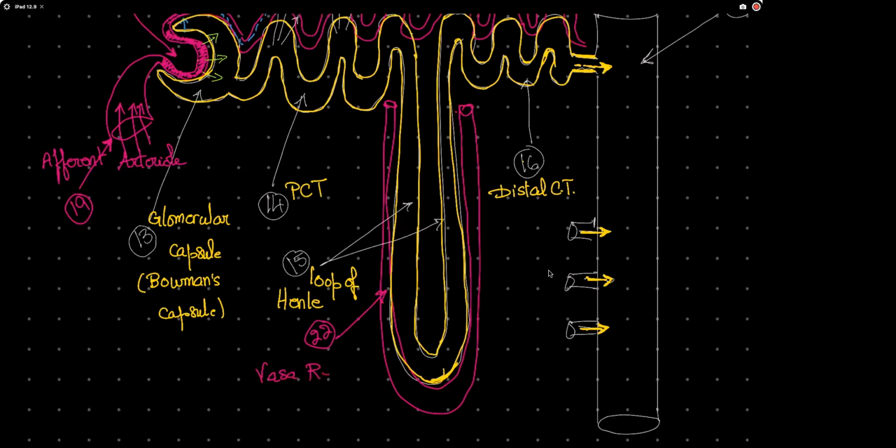And recta means straight. So when we say rectangle, what a rectangle is, straight angle. It's the geometric shape with straight angles. The part of the large intestine that travels straight is called what? It's called the rectum. So recta means straight. So the straight vessel on here that surrounds the loop of Henle, it's the vasa recta.